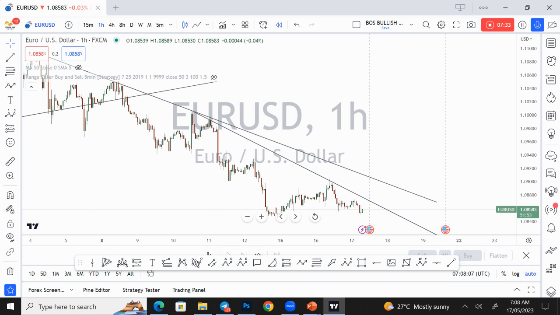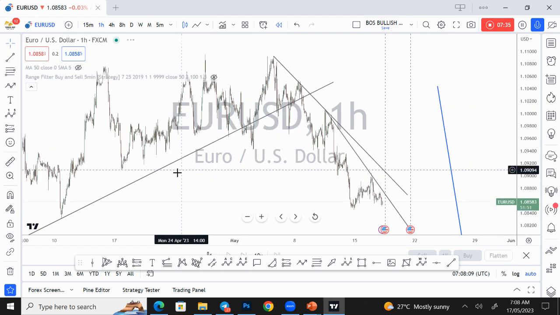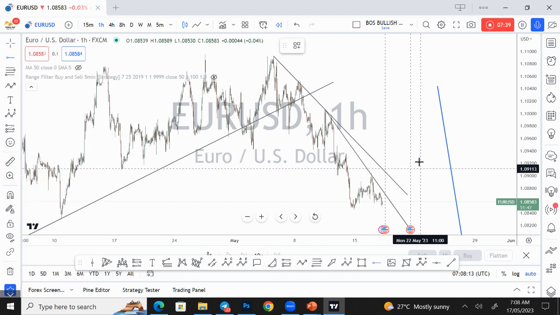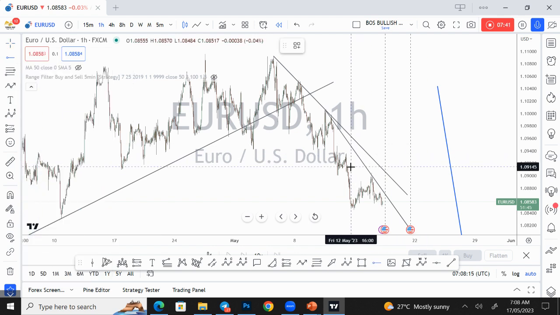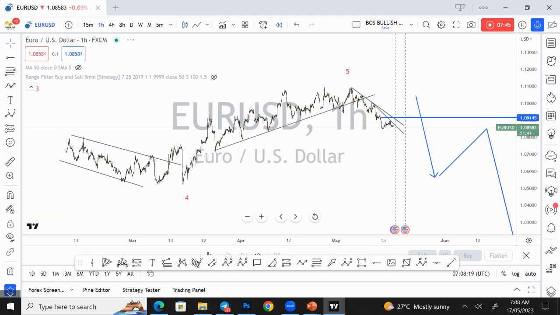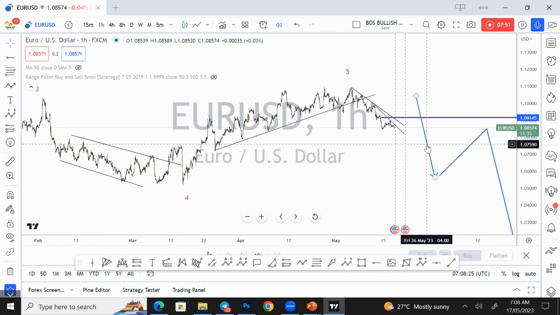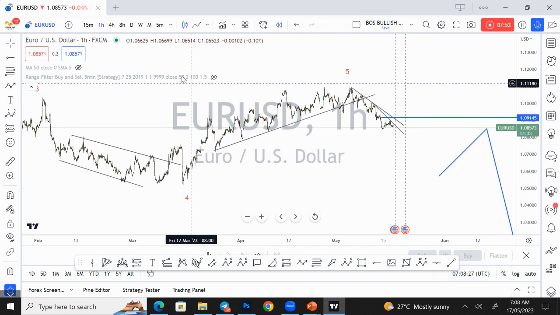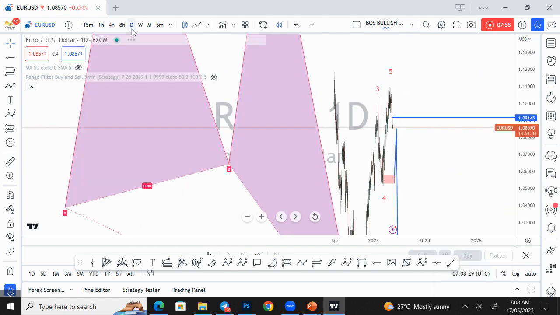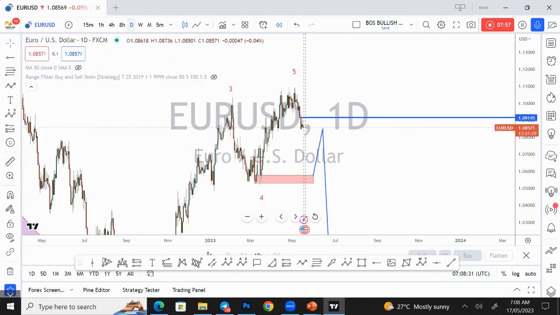So the best approach to this situation is to put your stop loss above the current price. Just put your stop loss above here, and let's see the price drag down to the unmitigated order block on the higher time frame, which is this level.